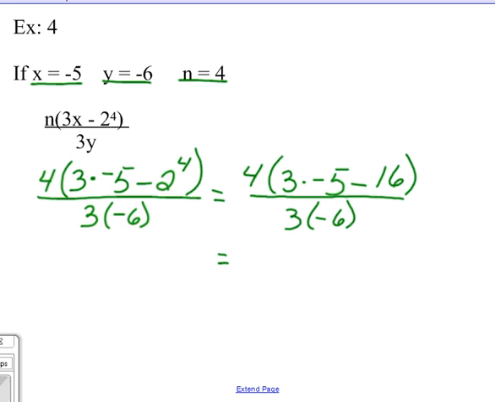Still inside parentheses, there's no more exponents, so I'm going to do multiplication. 4 times, 3 times negative 5 is negative 15. Bring everything else down. All over 3 times negative 6.